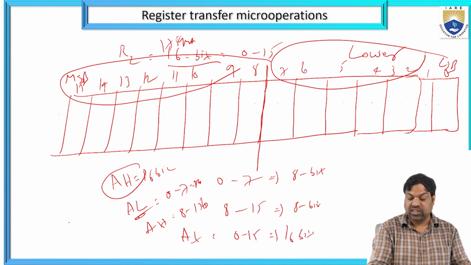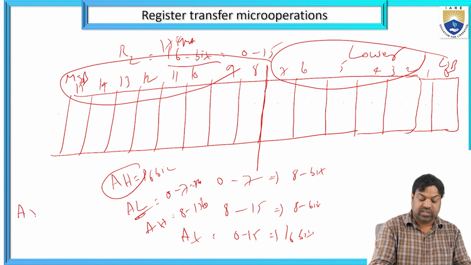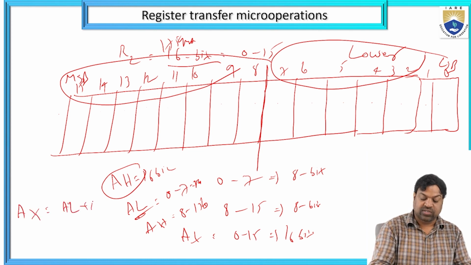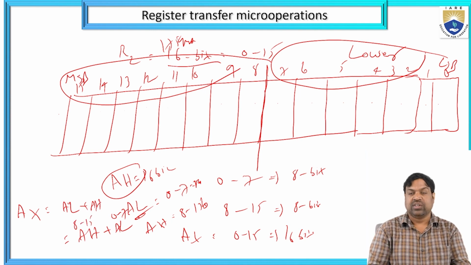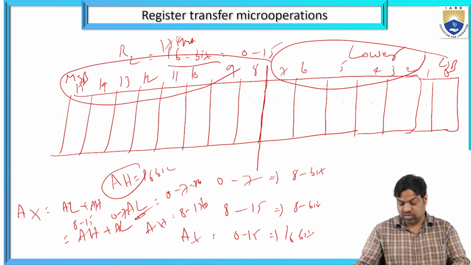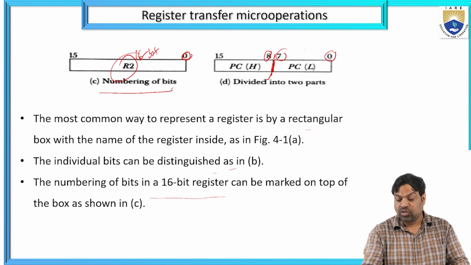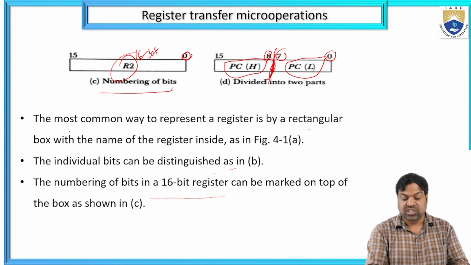That is the AX. So finally AX equals lower order values plus higher order values, AH plus AL, 0 to 7 and 8 to 15. 0 to 7 I am taking as PC of L and here PC of H, so it is 0 to 15.